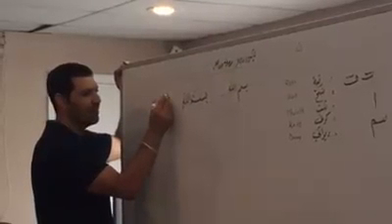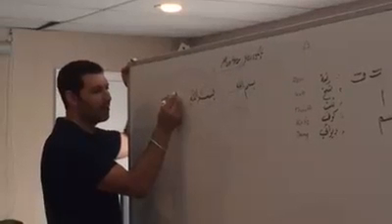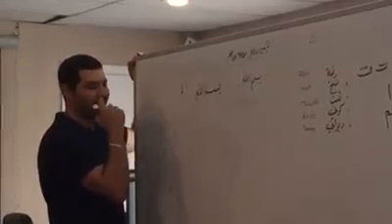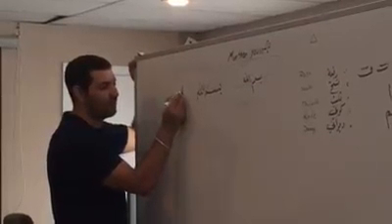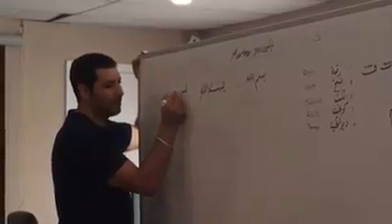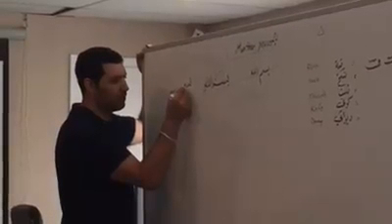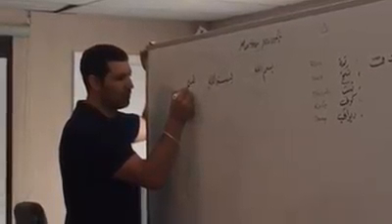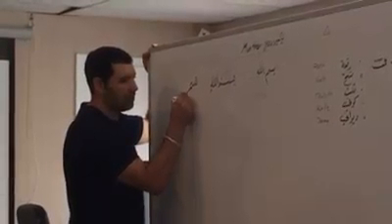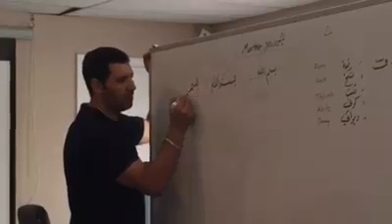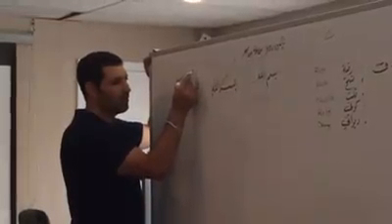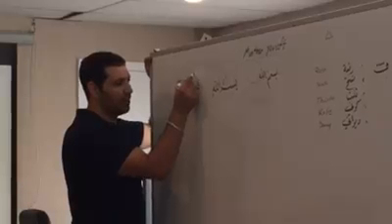So if you remember, we said every beginning letter has to have this triangle. Then I can put the second letter for Allah at the top.